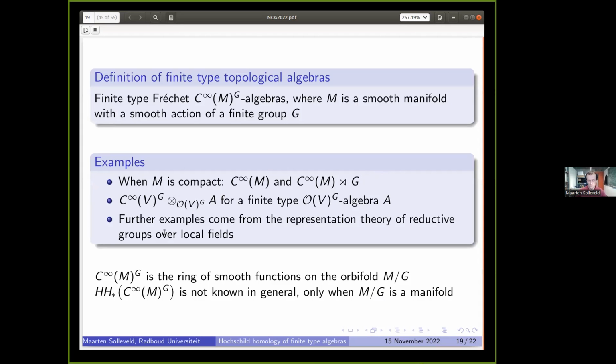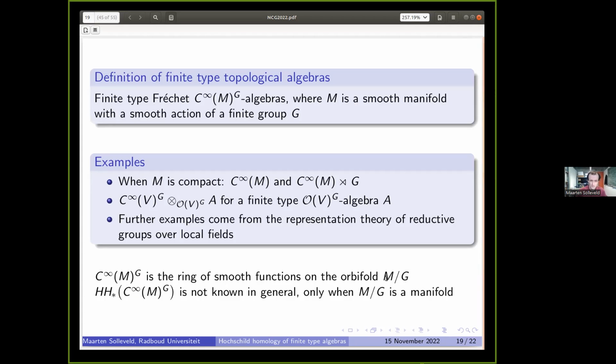And in fact, if you look into representation theory, where I come from, then in representation theory of real reductive groups and in the representation theory of reductive p-adic groups, there are examples of algebras of this kind which have relevance for certain representations.